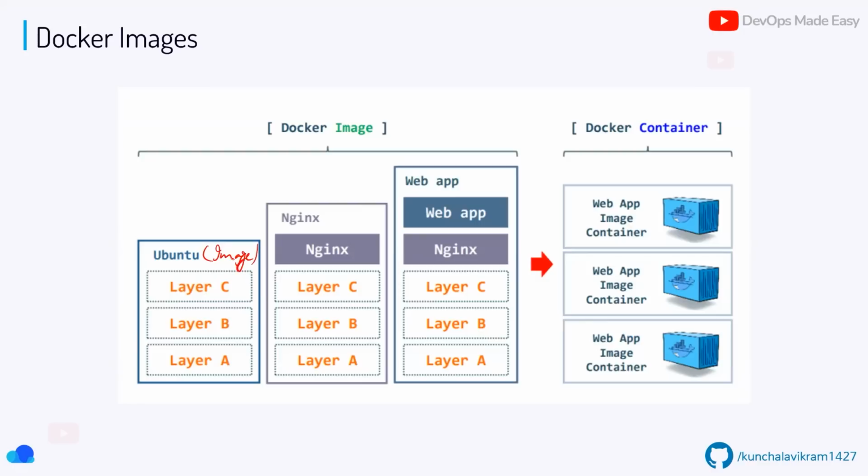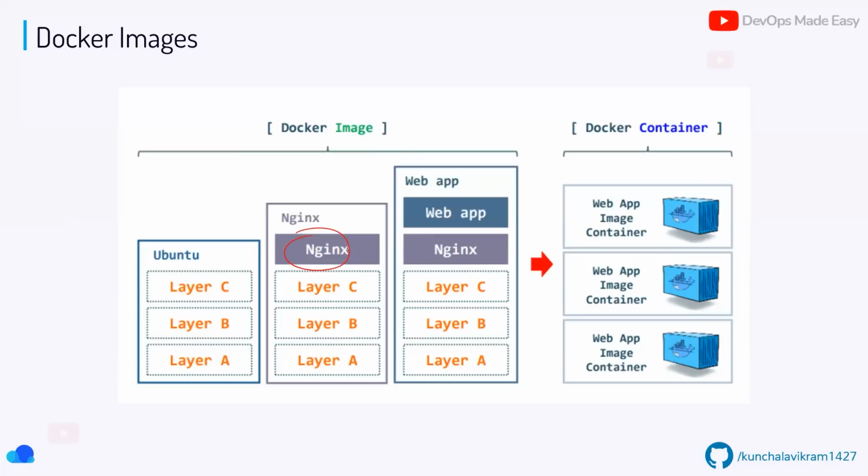Okay. So when you're selecting a Docker image, you need to make sure that you're selecting at least one close to the required one. Okay. The image which is close to your requirements. And then you'll add your dependencies or the applications on top. On top of Ubuntu, what I'm doing is I'm installing Nginx.